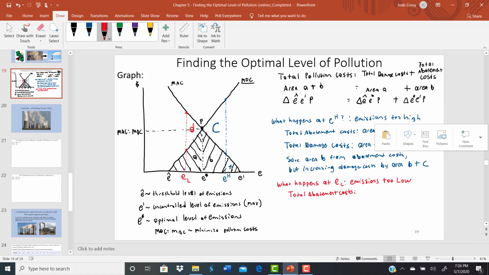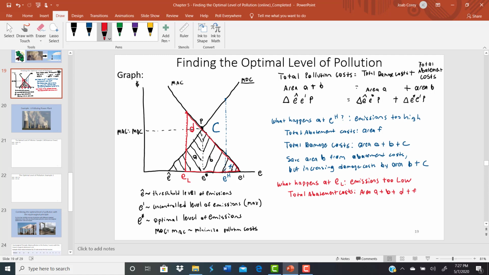So if we're at E subscript L, then the area under our marginal abatement cost curve would include areas A plus B plus D plus F. So again, we're talking about the area of this triangle here. That would be the area under our marginal abatement cost curve when we are at E_L.